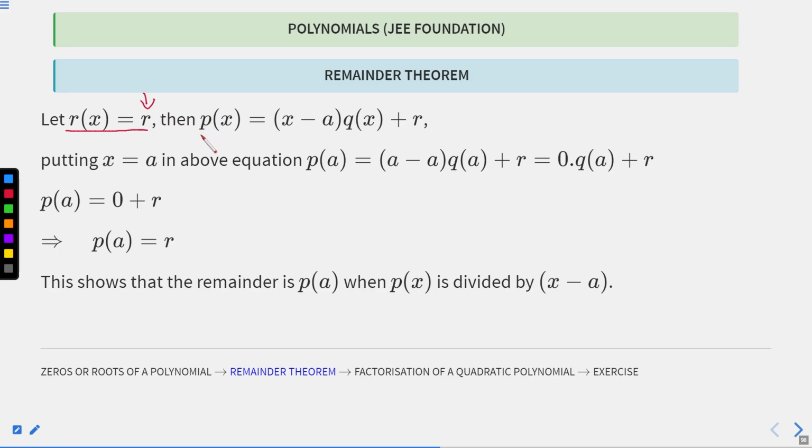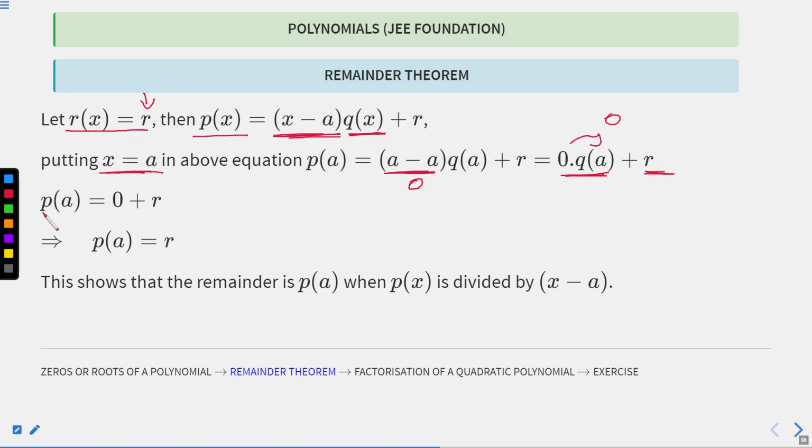So Px is equal to the divisor times the quotient, which is Qx, plus R. Now put x equal to a. Then this divisor term will be a minus a, and a minus a means 0. So 0 times the quotient will be just 0. So P of a is equal to R, and R is my remainder.